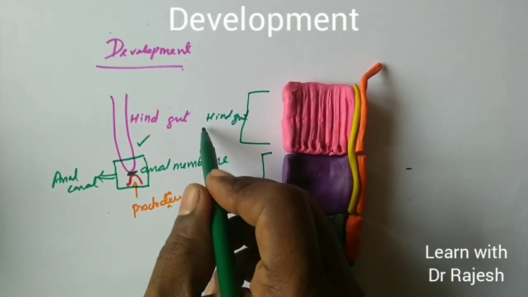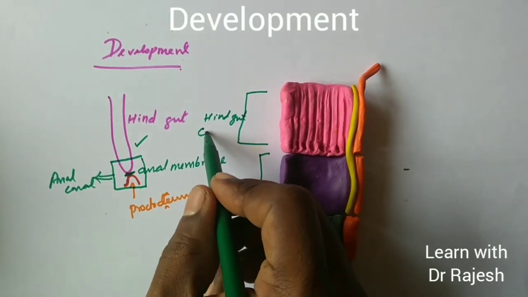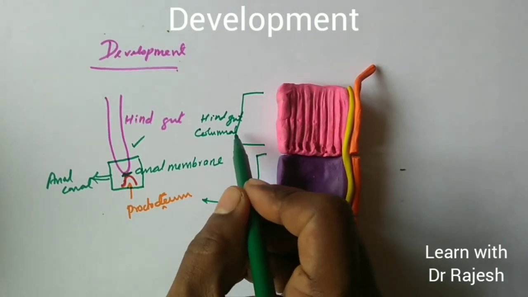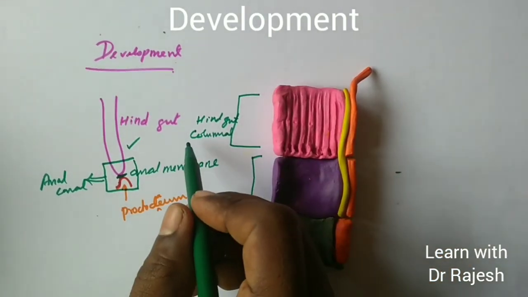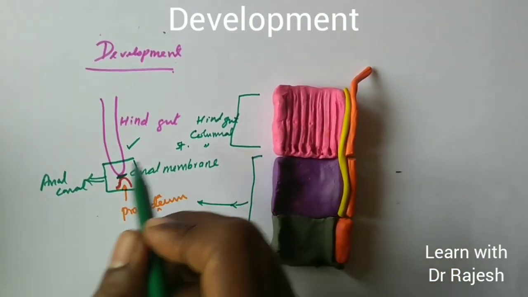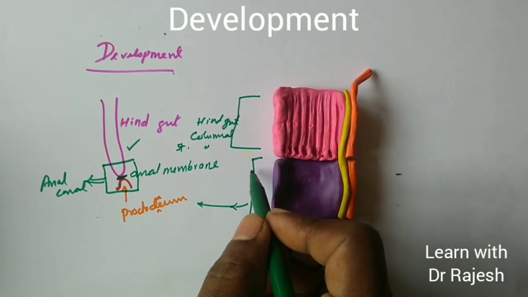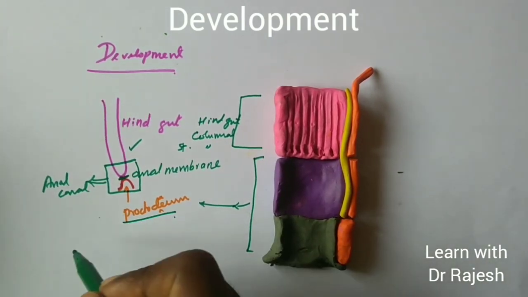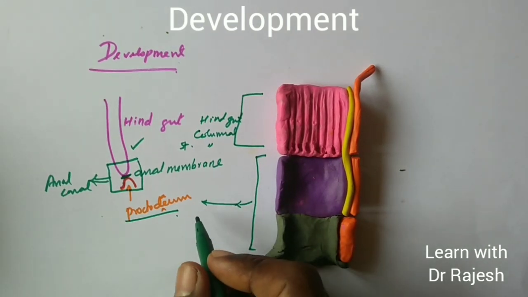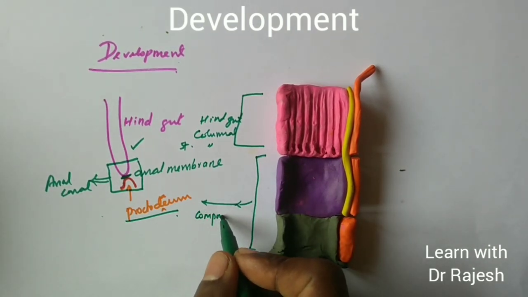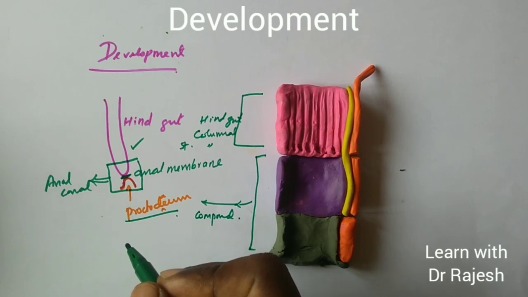Mostly it is simple columnar epithelium, or when it comes to the lower end, it may become stratified columnar epithelium. The lower part, since it is from the proctodeum, from the surface invagination, will be lined by the epithelium of the skin.